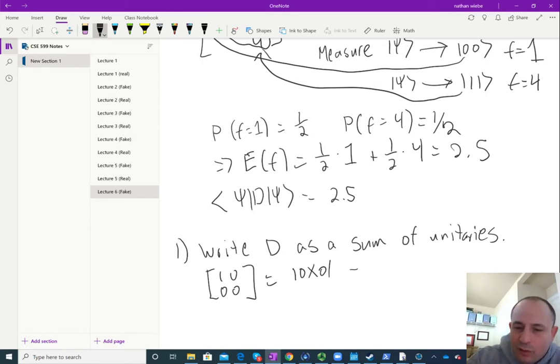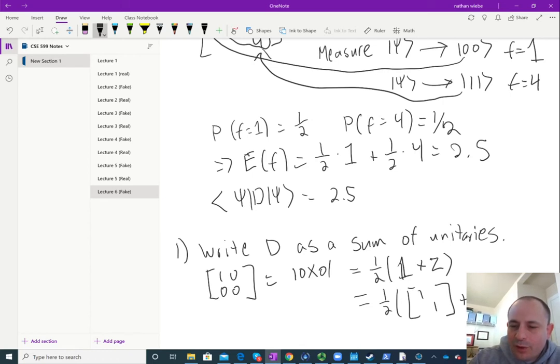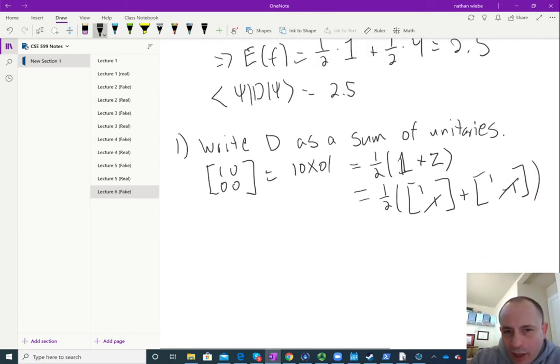This matrix we can actually write as 1/2 identity minus or plus Pauli z, which is equal to 1/2, just so you can visually see it, 1, 1 plus 1 minus 1. And you see that these two will cancel. Those two will add together to be 1. So we can write d as a sum of these unitaries.